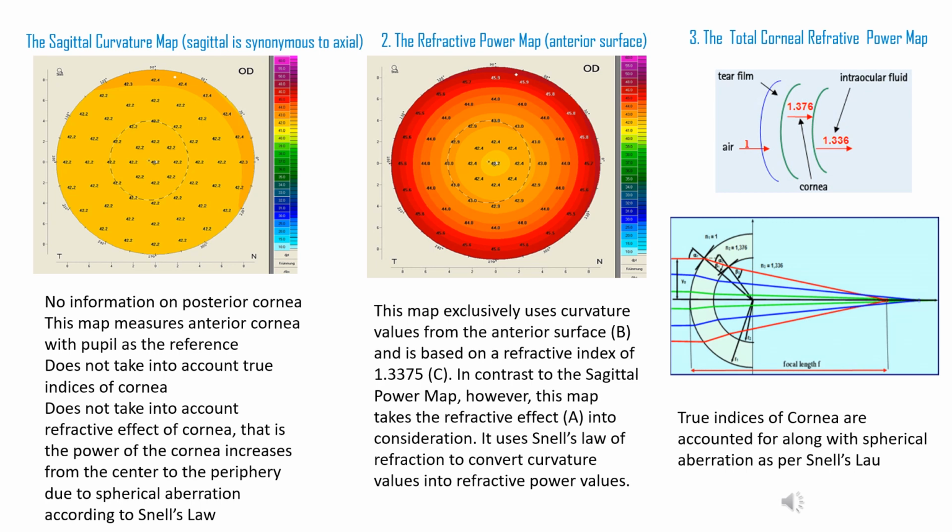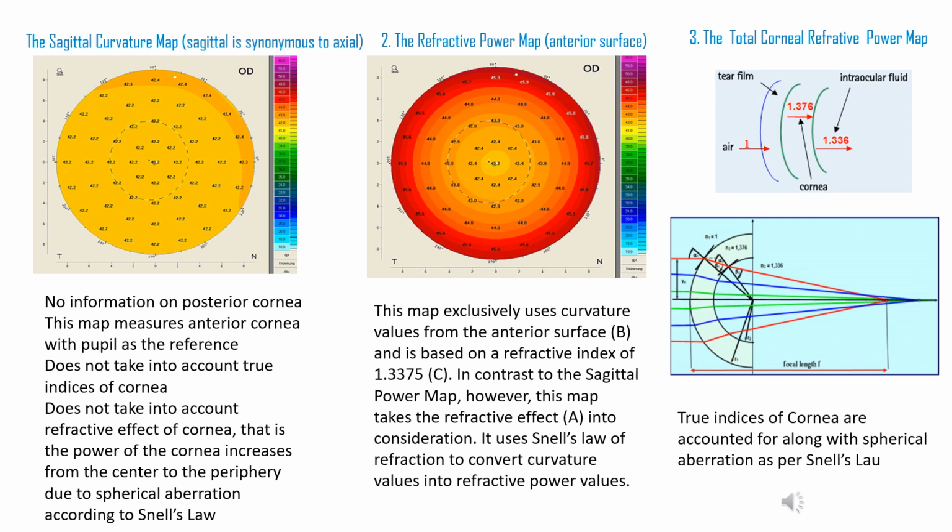But can we take these readings and put them into our IOL calculation formulas for post-myopic Lasik patients? The answer is no, because for post-myopic Lasik patients, these formulas base their calculations on an index of 1.3375.